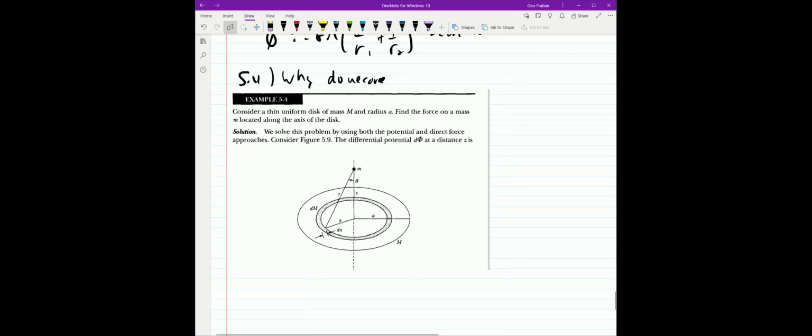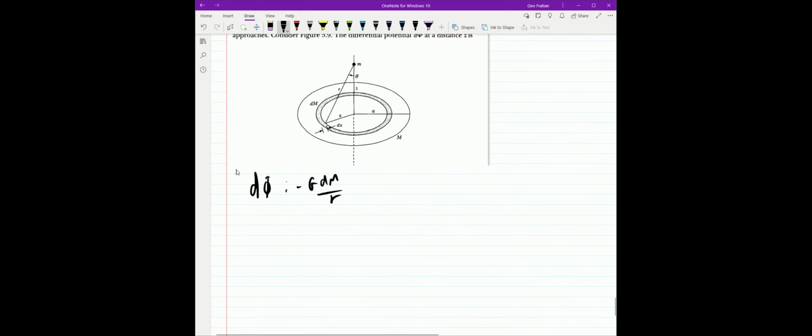So let's consider this figure, the differential potential d phi at a distance z. Okay. So we know that d phi is equal to negative G dm over r, and we know that dm is just the area density times dA, which is equal to 2 pi x dx.